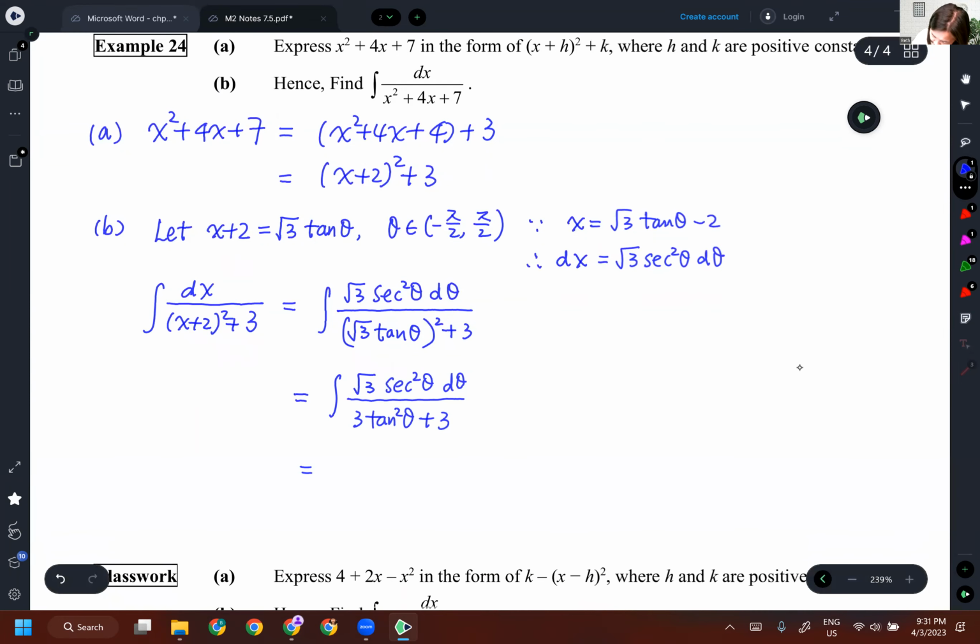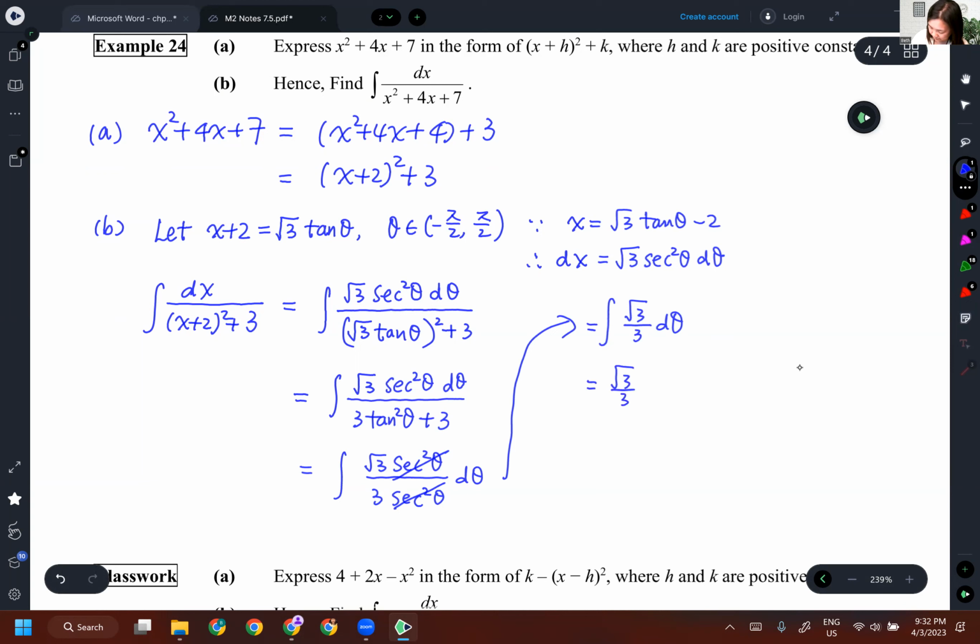And I know this is root 3 secant squared theta divided by 3 secant squared theta d theta. And that is equal to root 3 over 3 d theta. And that is root 3 over 3 theta plus c.